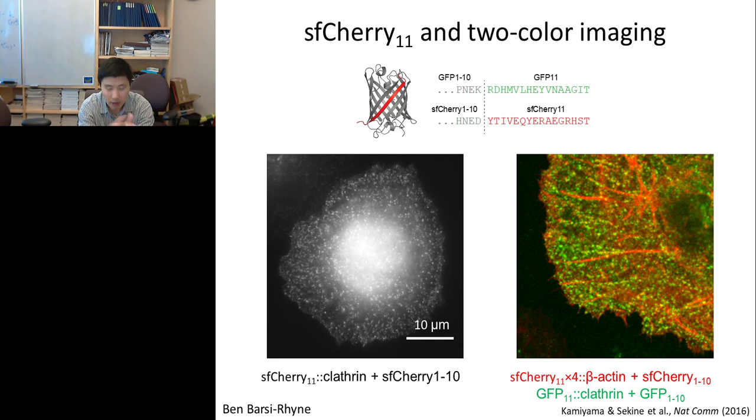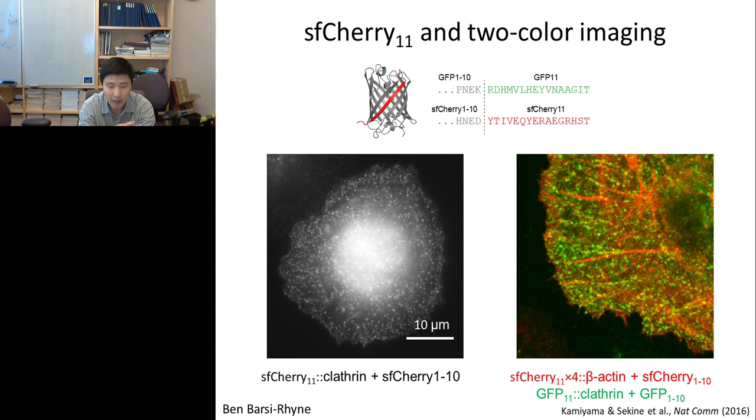Well, what to do? We tried the most powerful research engine, Google, and we typed in superfolder cherry. A paper did pop out. It was also from the Waldo lab, and it was their work, but it was published in a fairly obscure crystallographer journal, which was all about a way to crystallize proteins.